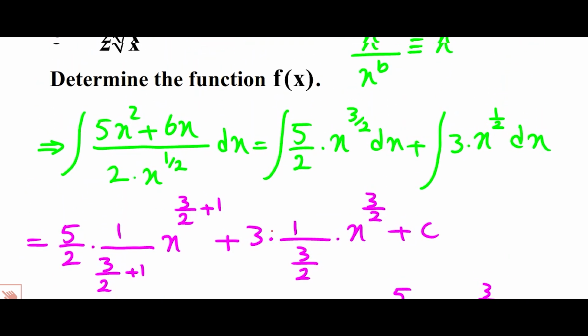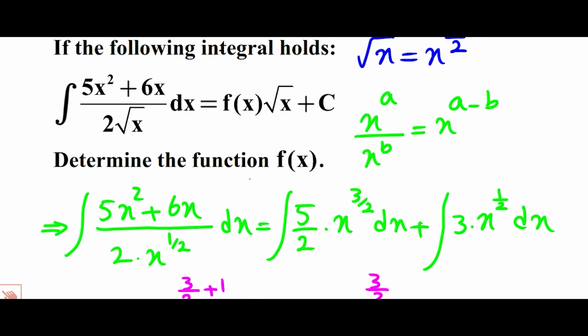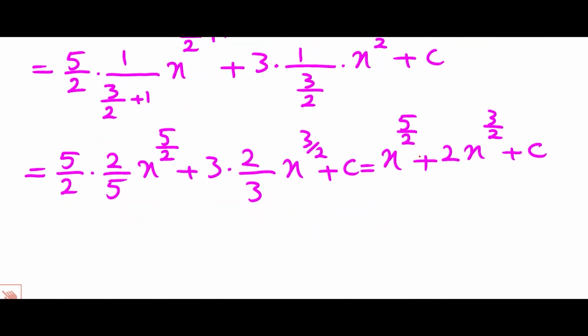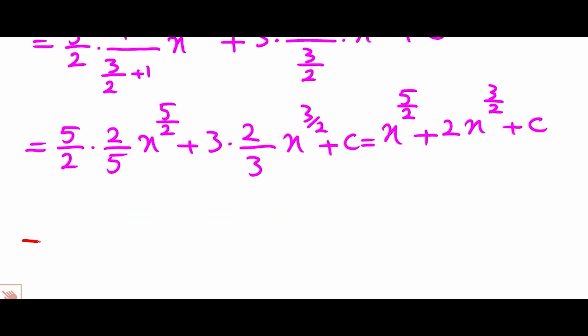The problem states the result in the form f of x times the square root of x plus c. Let's factor out the square root of x, which is x to the power of 1/2. x to the power of 5 over 2 divided by x to the power of 1/2 is x to the power of 5 over 2 minus 1/2, equals x to the power of 4 over 2, or x squared, right?